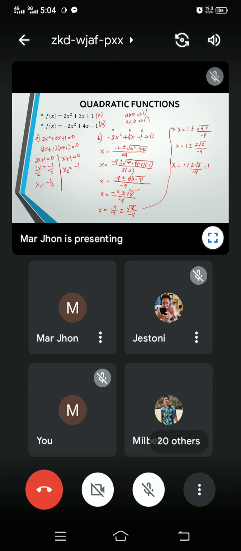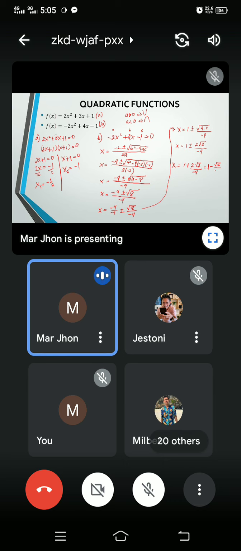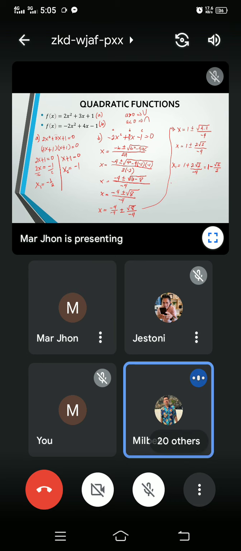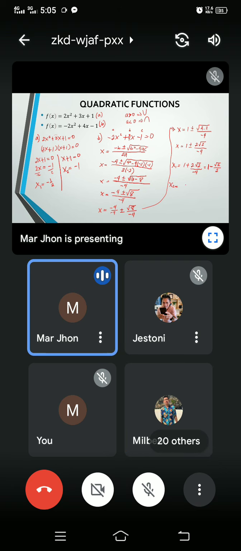Then we can change the sign here. So it's negative, minus square root of 2 divided by 2. Right?